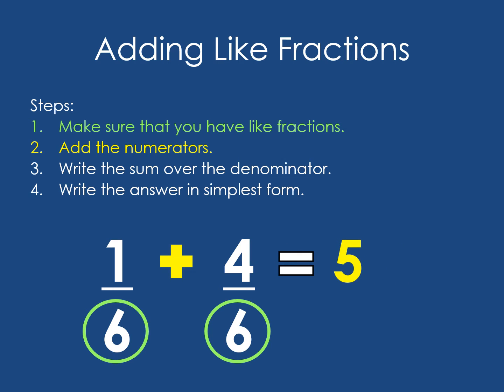So 1 plus 4 equals 5. Then write the sum over the denominator. But the sum is not 12. Children, it is not 12. Copy the denominator because it is alike. So copy the common denominator, which is 6. So your answer now is 5/6.